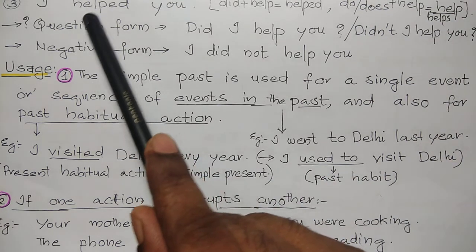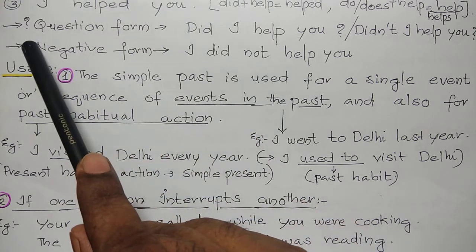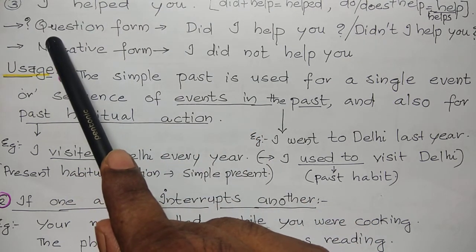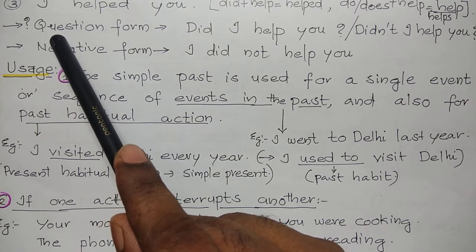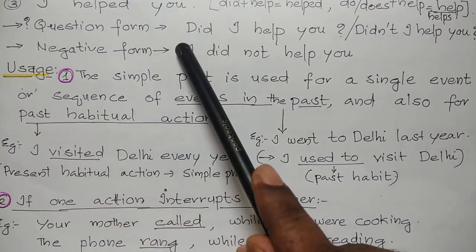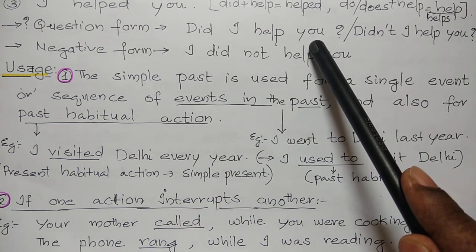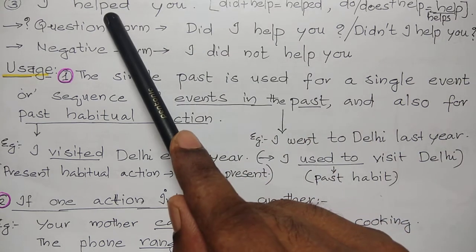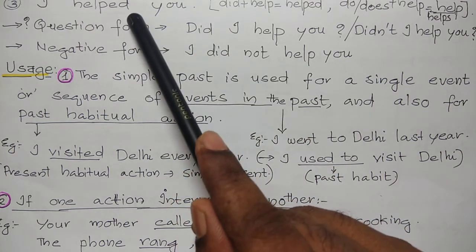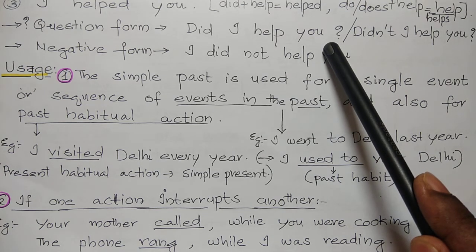So if we want to convert the sentence I helped you into a question, then it will become did I help you? So helped is split into did help. That is a question form.